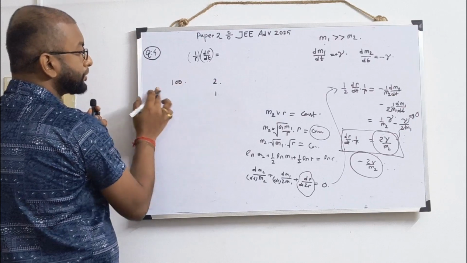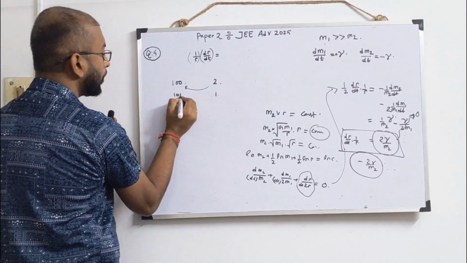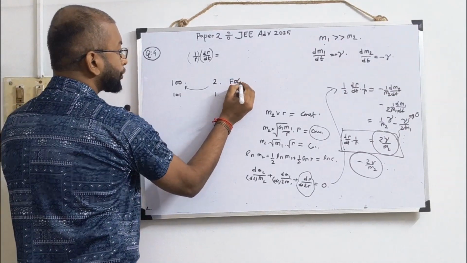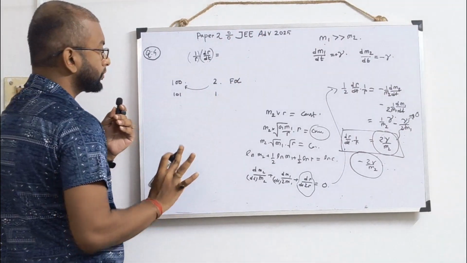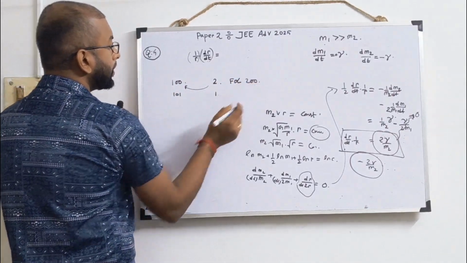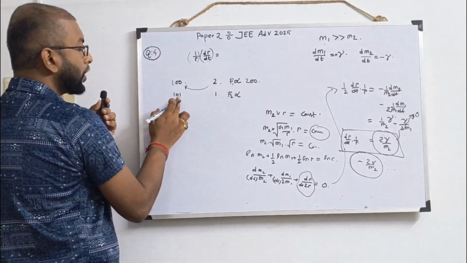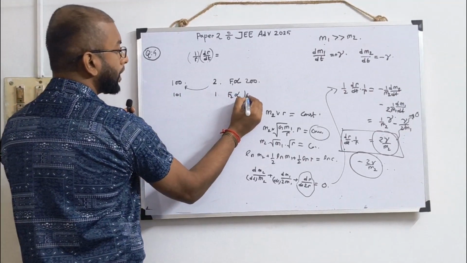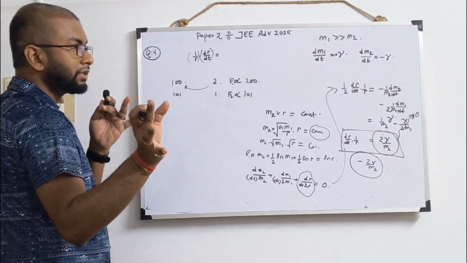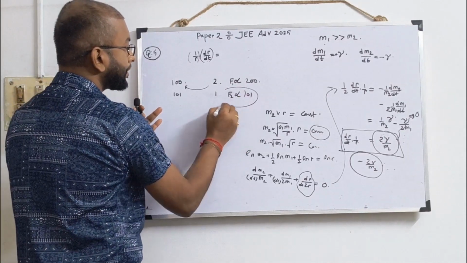This mass is increased by 1 kg because that mass is acquired by the bigger mass, so it will be 101. Now what is the attractive force initially? It will be proportional to m1 into m2, right? So what is m1 into m2? 200. In the second case, the attractive force between them is proportional to m1 into m2, that is 101 into 1, that is 101. So the force of attraction between the two masses is decreasing in this case.